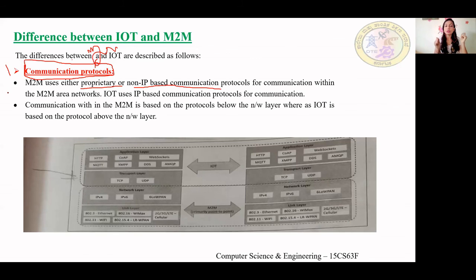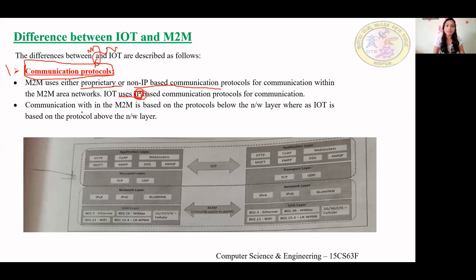But between two M2M networks, it will use IP based again. Whereas IoT always uses IP based. It uses the internet, so it uses an IP based communication protocol. So you have to remember this: M2M will use non-IP based and IoT uses IP based.